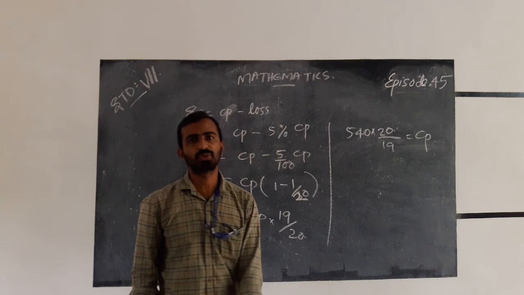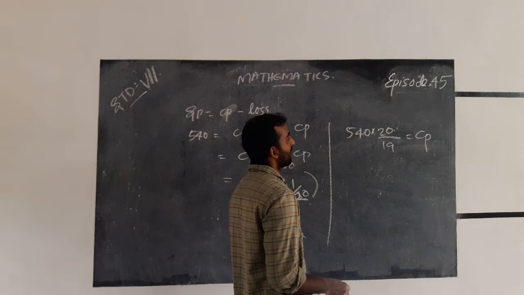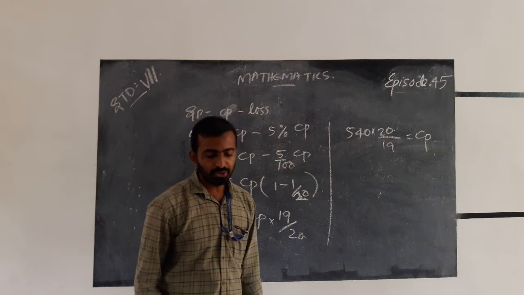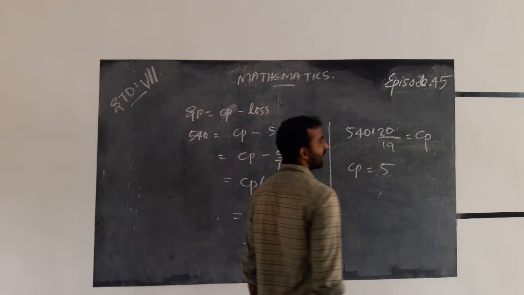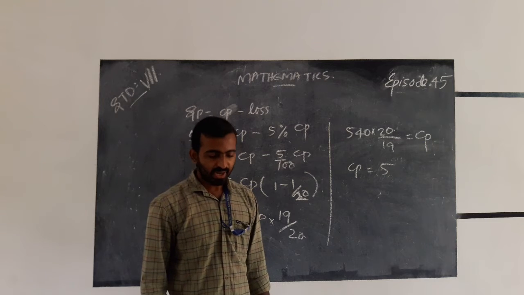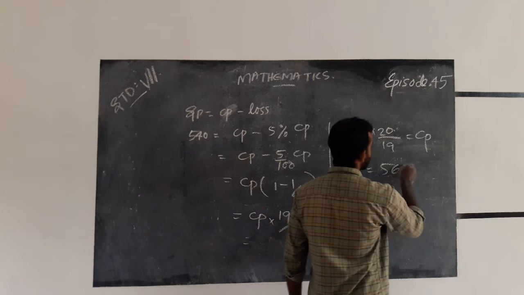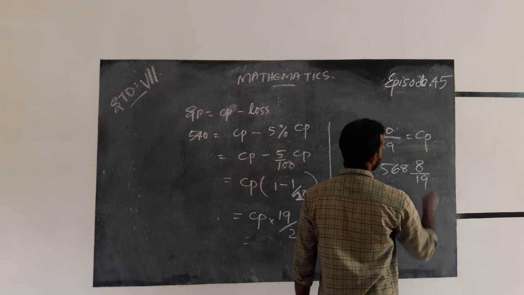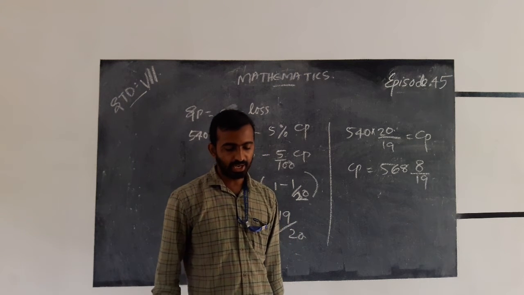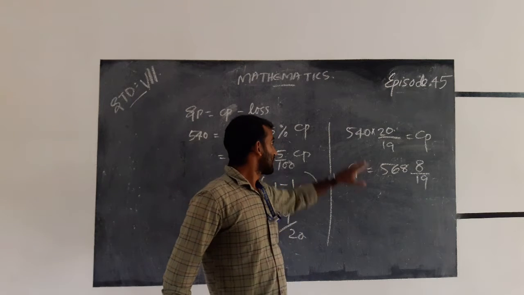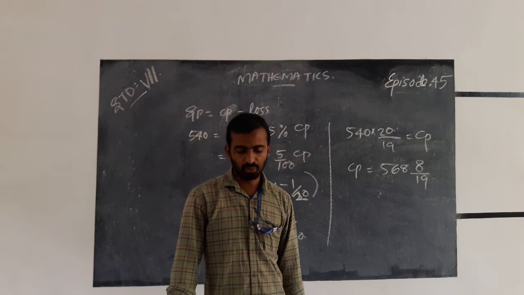We can write CP equal to 540 into 20 by 90, which is 568 and 8 by 90. That is, the cost price is 568 and 8 by 90, and the selling price is 540, so the shopkeeper has a loss.